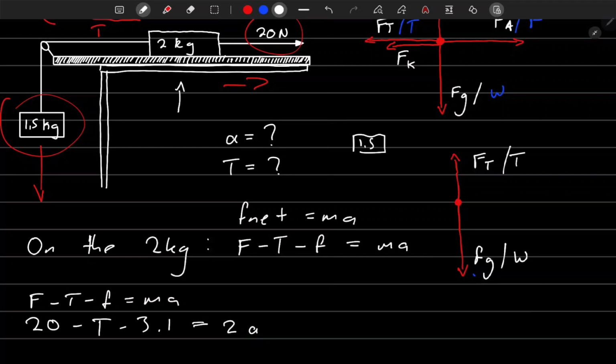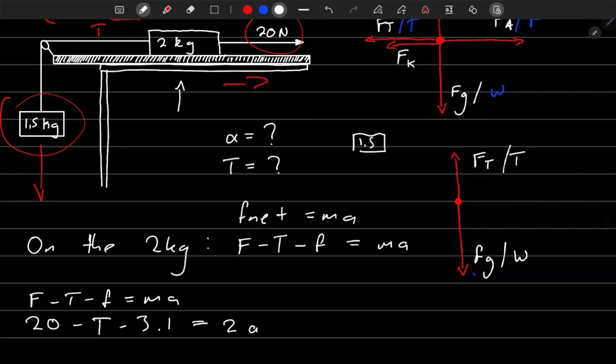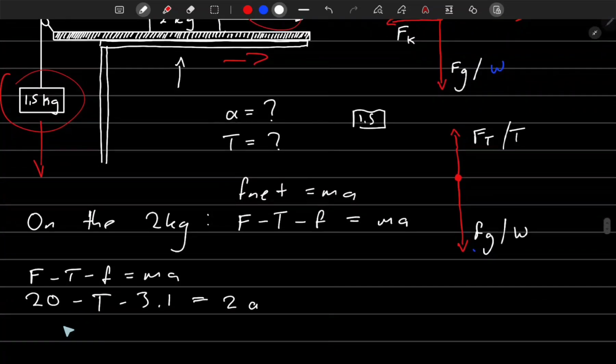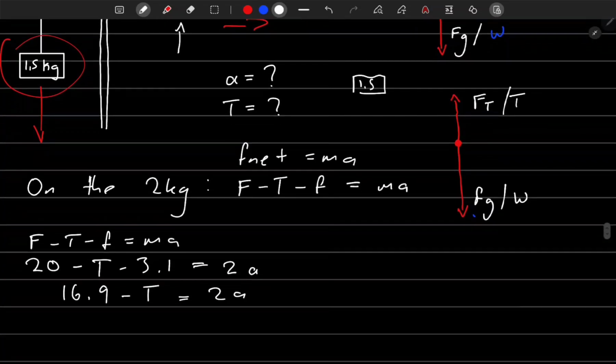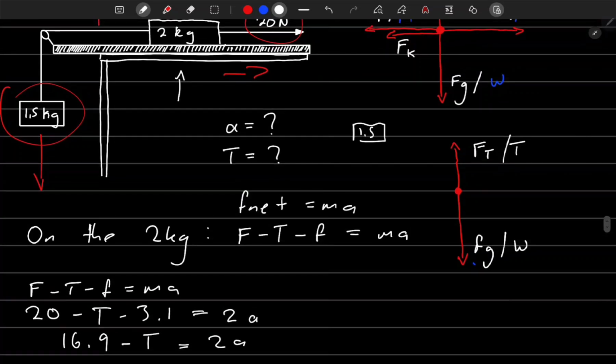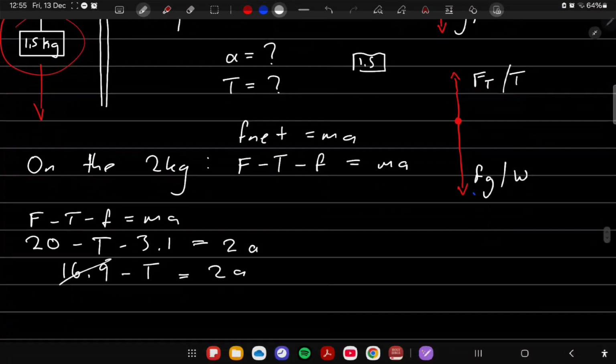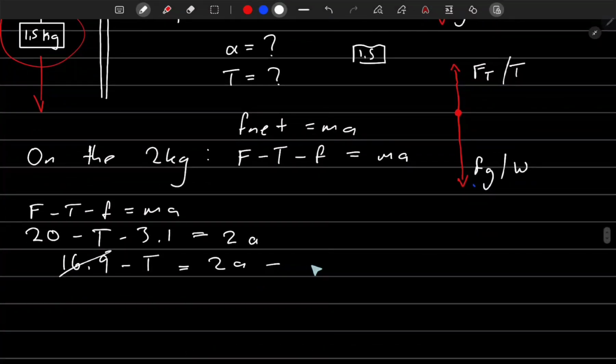Then 20 minus 3.1 happens to be 16.9, minus the tension, is equal to 2a. We want to isolate the tension, so let's subtract 16.9 from both sides so that it cancels on this side, and on this side we have minus T is equal to 2a minus 16.9.